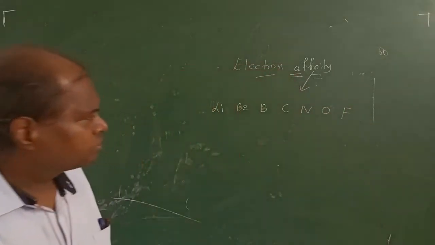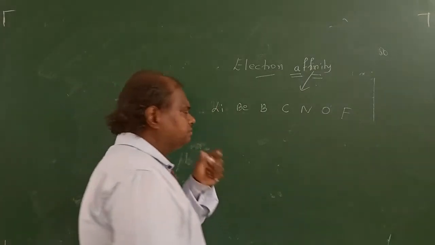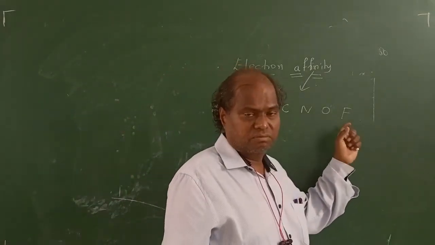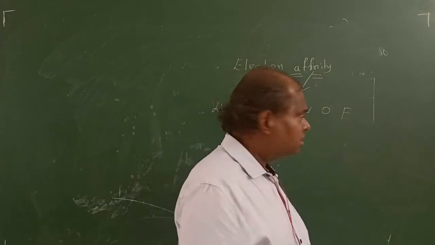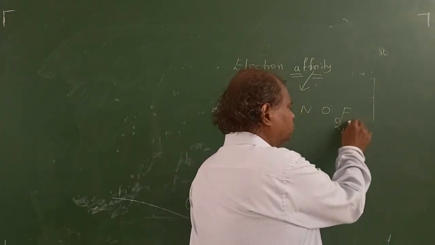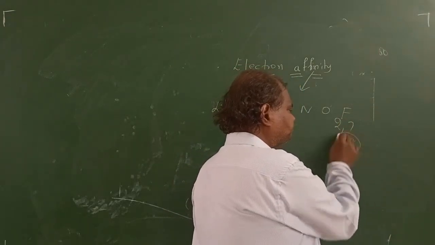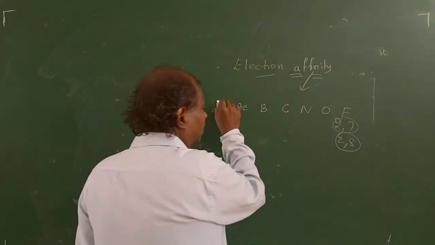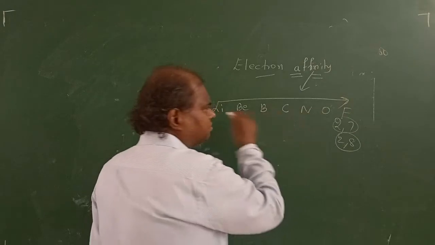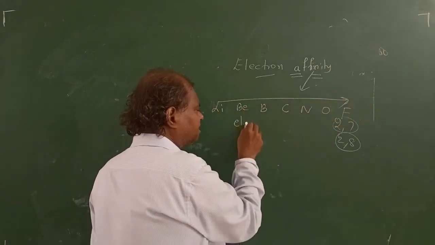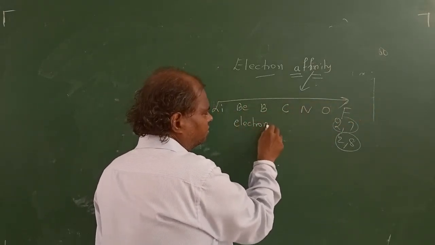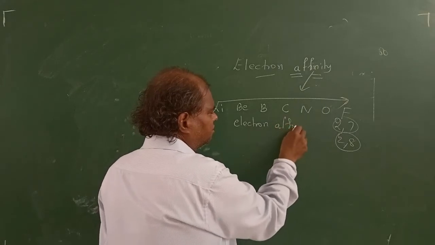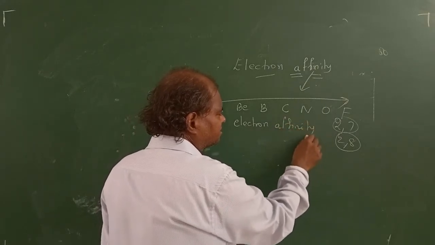Obviously, fluorine will like to have an electron. Why? Because from 2,7 it becomes 2,8. So across the period, the electron affinity will increase. Please remember this very, very important thing: the electron affinity increases.